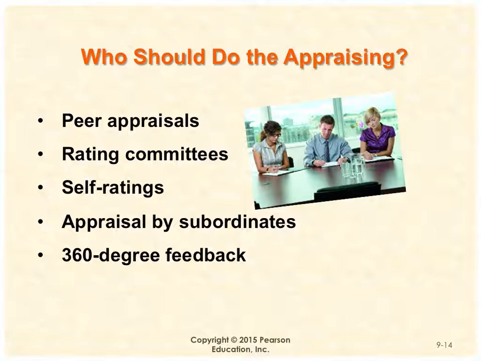Appraisal by subordinates. This goes for employees rating their supervisors or managers, so that people can get the upward perspective. If a manager was rating a supervisor, they have a very specific relationship, where the manager is always looking down towards the supervisor.